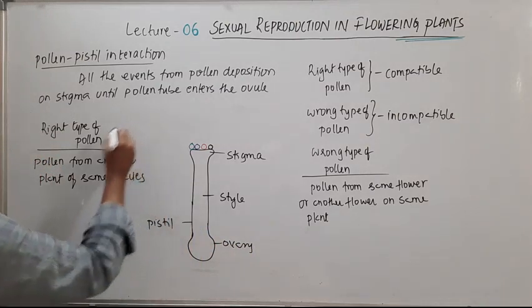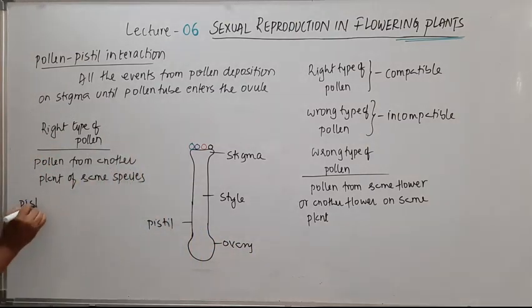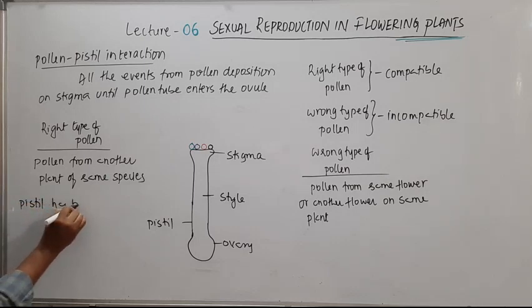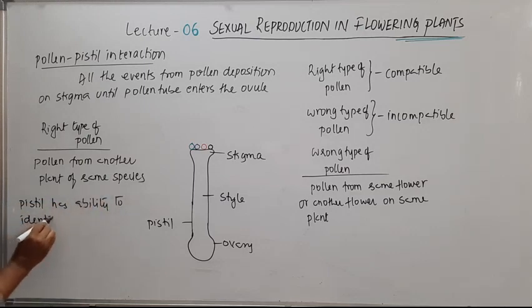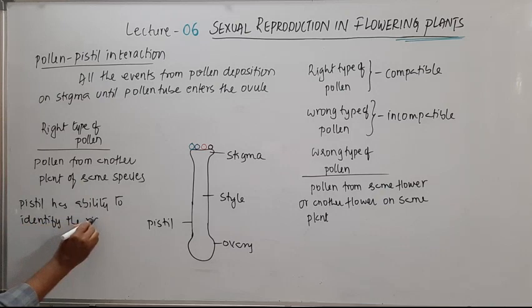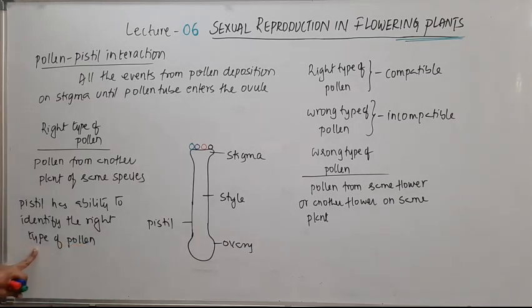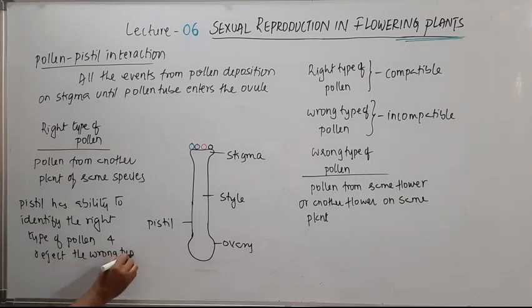So here what I say is that the pistil has the ability to identify the right type of pollen, and reject the wrong type.